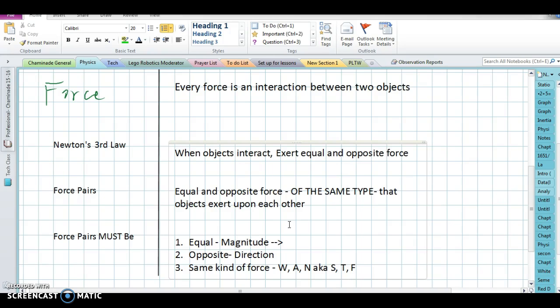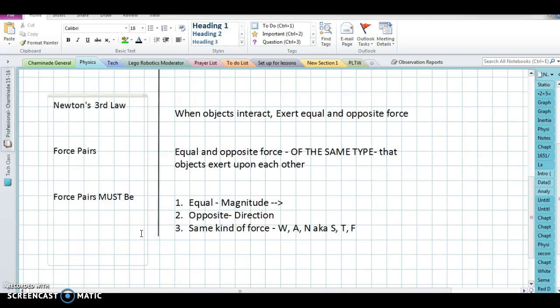So these forces have to be the same. So if it's an applied force on a box in the eastward direction, then the applied force that the box applies on your hand in the westward direction would be the exact force pair.